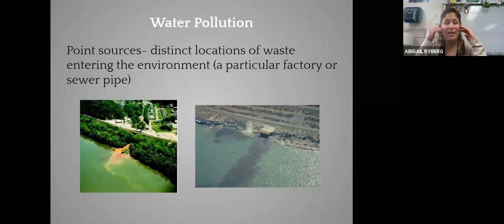That's just representing the fact that anything that goes in there is not filtered. It dumps directly into a waterway. Again, some cities send that to a wastewater treatment plant and it does become treated, but not here in Kettering. Okay, anyway, so point sources.